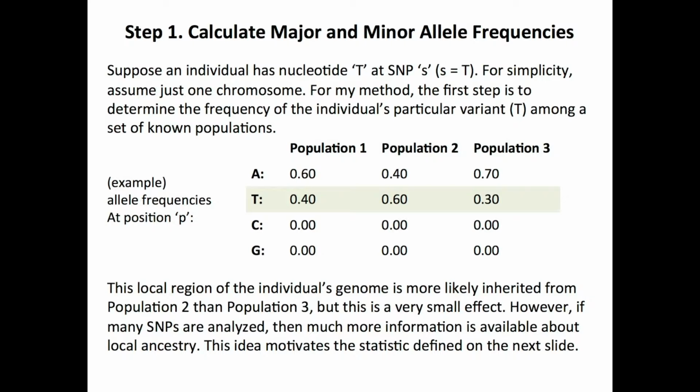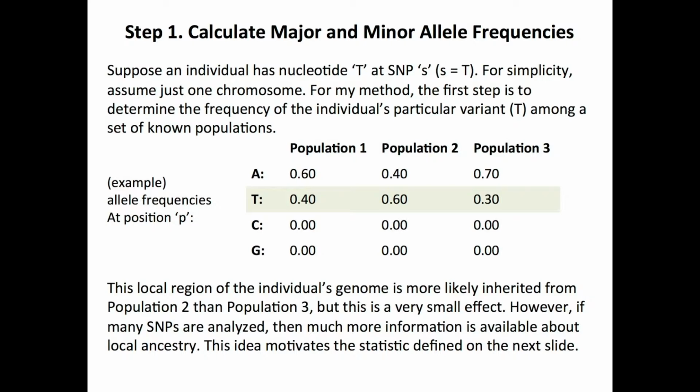And the one other point I want to make on this slide is that if you suppose that some individual that was, of course, not used in calculating the allele frequency values has T, let's say, at this particular SNP, we can say that that individual is just marginally more likely to be from population 2 than population 3, or population 1 for that matter, since population 2 has the highest allele frequency for T at that particular SNP.